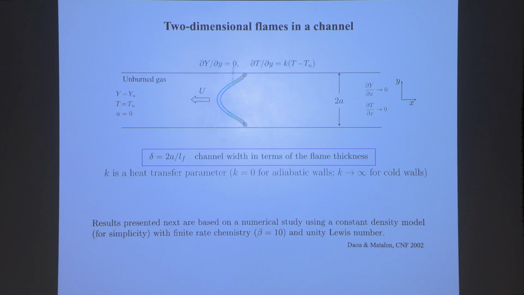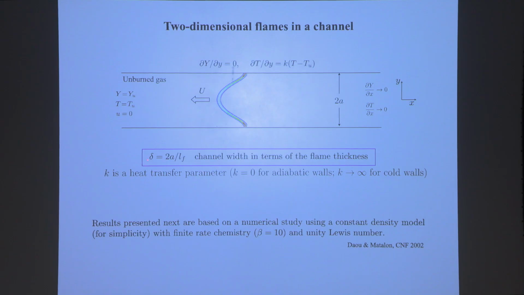So the flame is propagating in between the two walls, and there are some heat losses. Note that the flame is not necessarily flat, and we're going to see that soon, due to the variation in the y direction as a result of these losses, okay? And so this is more or less the setup of the problem.